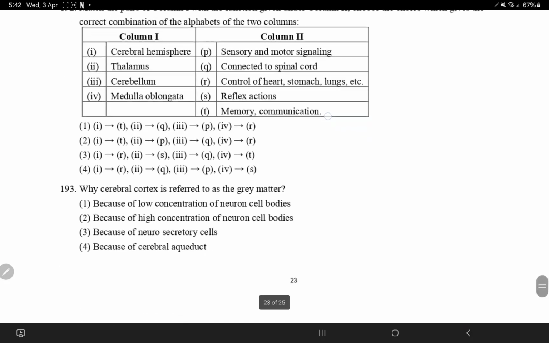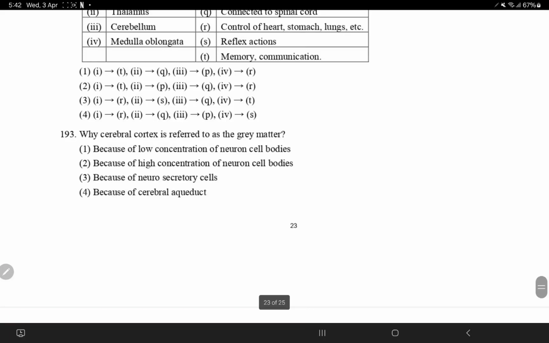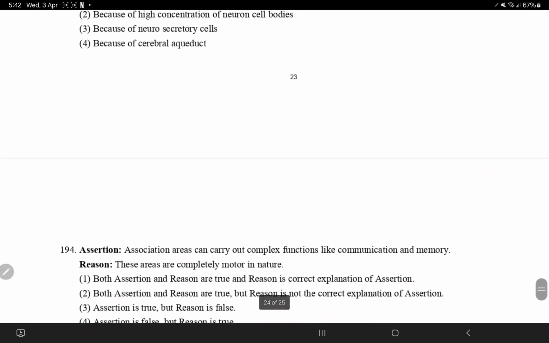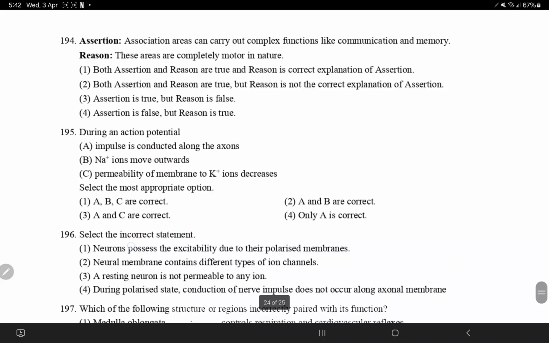Right? Option 2. Why cerebral cortex is referred to as the grey matter? Because high concentration of neuron cell bodies. Option 2. Association areas can carry out complex functions like communication and memory. These areas are completely motor in nature. So reason is false, but assertion is true.